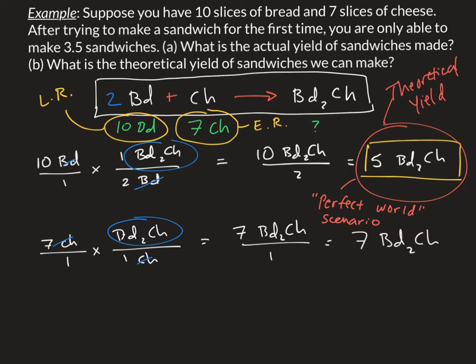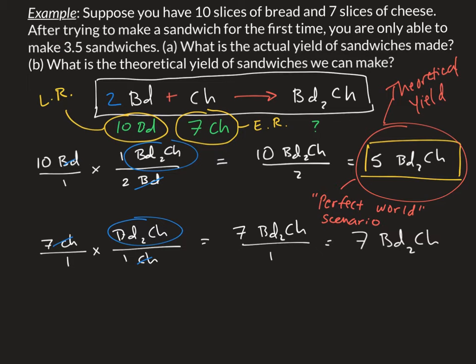Okay, in a perfect world, you are going to make yourself 5 grilled cheese, okay? Now, that isn't always the case, and in fact, you don't end up making 5 grilled cheeses in this case. As the example states, you are only able to make 3.5 sandwiches, okay?